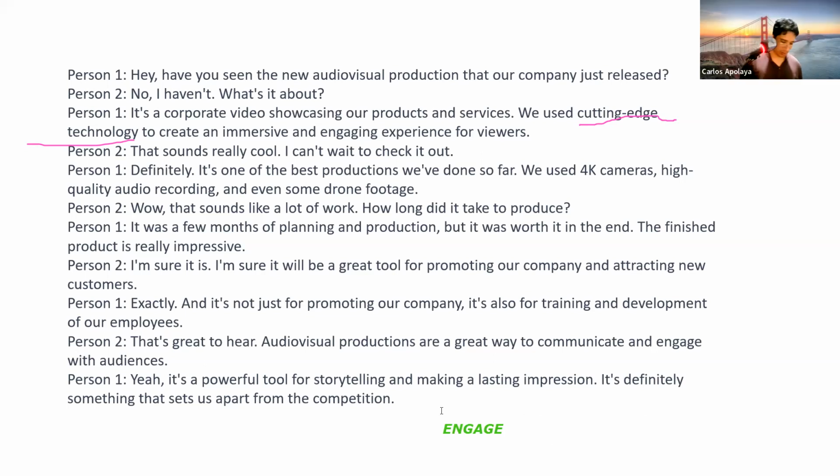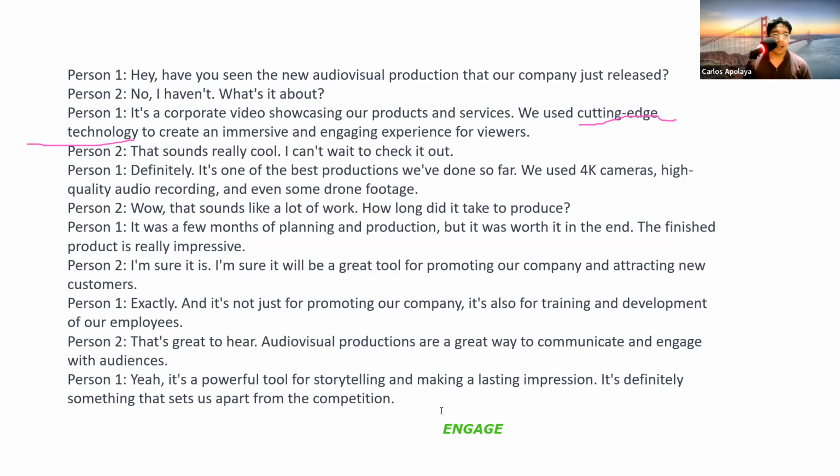Como engatusar, ¿sí o no? Motivar, animar. Engage, como que captar el interés. To catch the attention. So you can say engaging experience. Una experiencia que te capta la atención. For viewers. That's the reason the viewers watch your videos, of course.